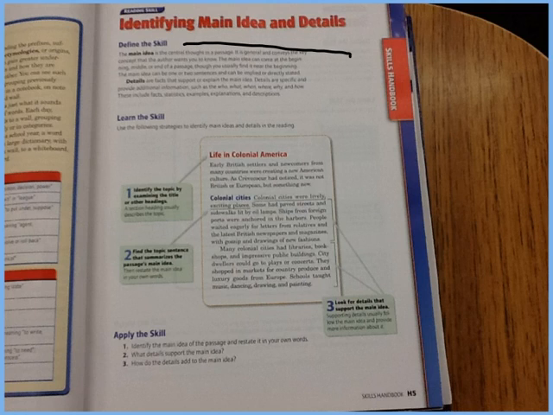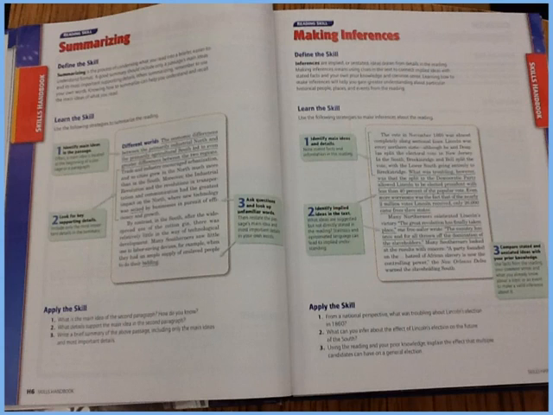By confusing those, you can miss critical information. These are all useful tips. Summarizing, making inferences. Summarizing requires you to take massive amounts of information and condense it down into maybe a paragraph. Making inferences allows you to read beyond the text. You need to see information that isn't directly written in the text, but makes sense of what the author is trying to say.